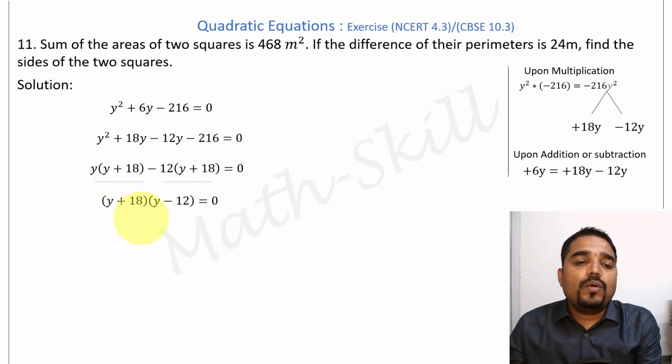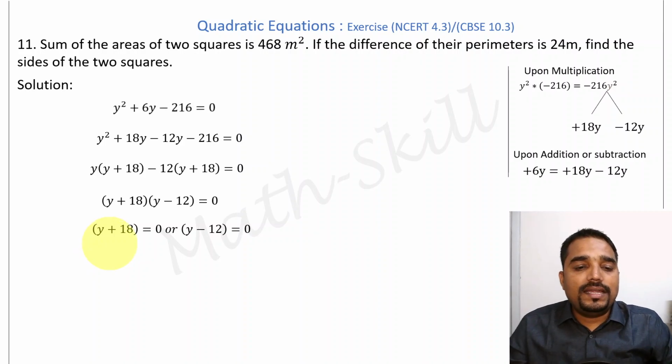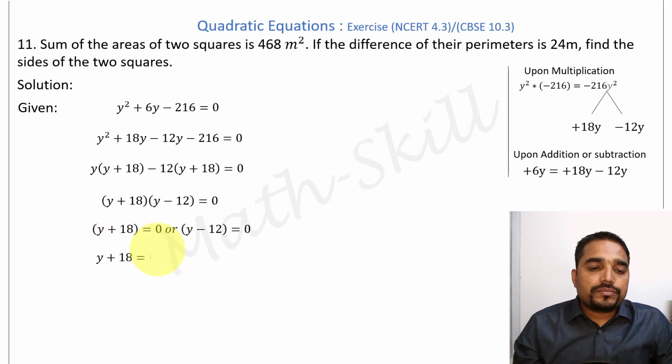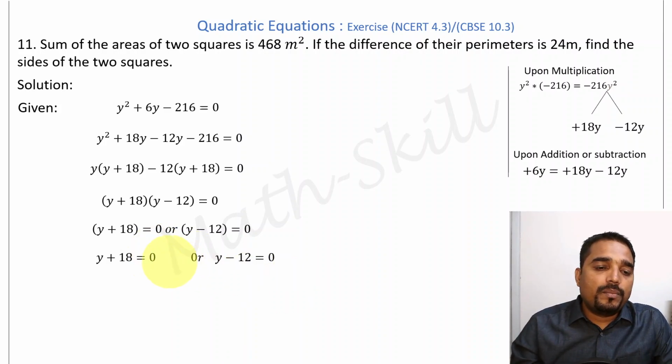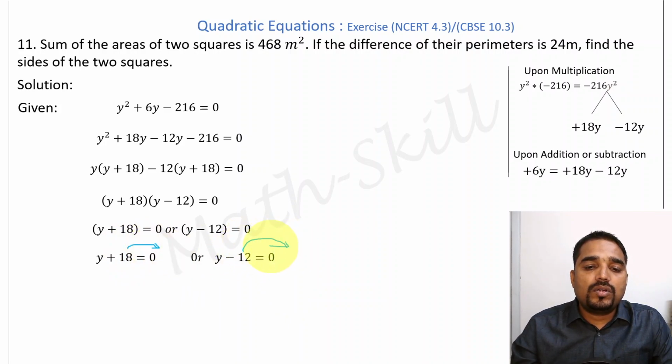Therefore, either y plus 18 is equal to 0 or y minus 12 equals 0. Upon transposing, y is equal to either minus 18 or y is equal to plus 12.